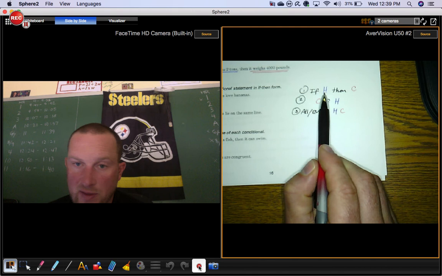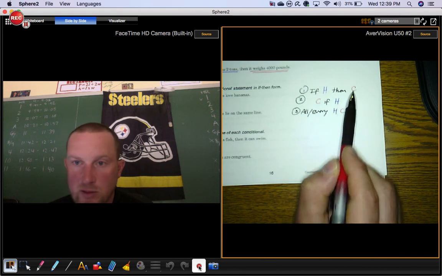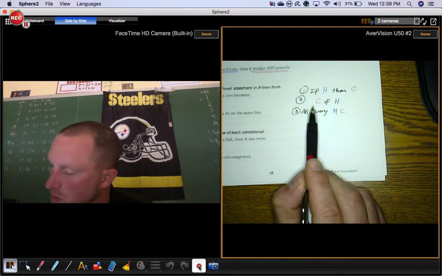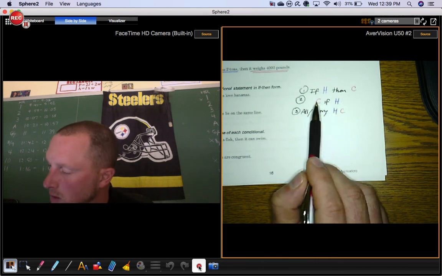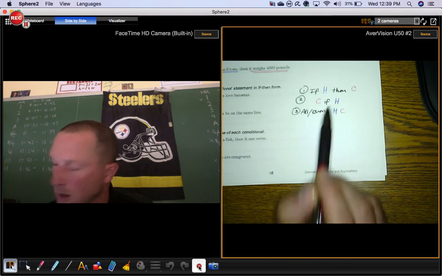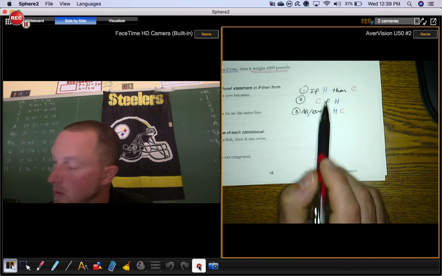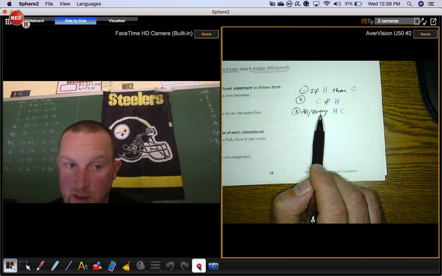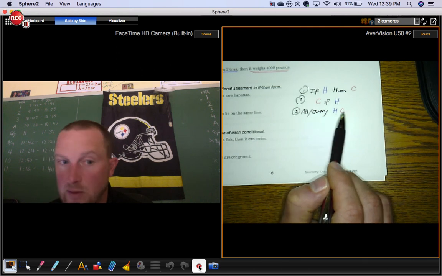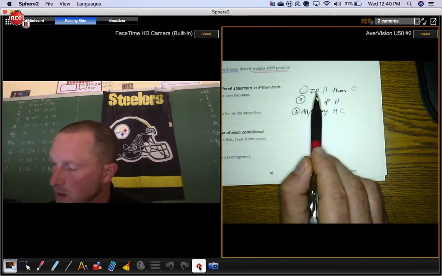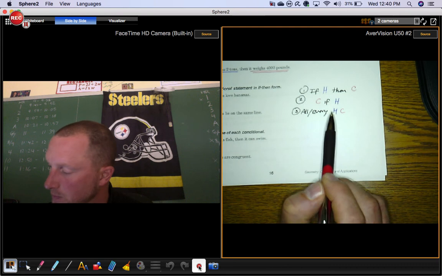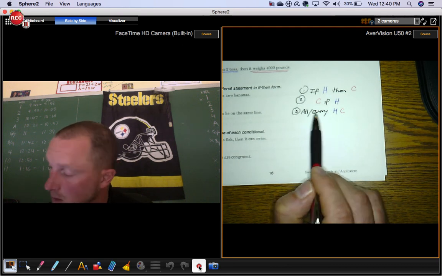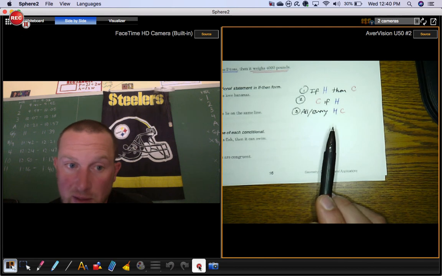If the hypothesis, then the conclusion. That has the same meaning if you would structure the sentence this way. Conclusion, if, hypothesis. Those two mean the same thing as this one. You could say all or every, hypothesis, conclusion. Notice how I use if and then here. On this one, I only use if in the middle. I don't use then. And in this third one, I don't use if or then.